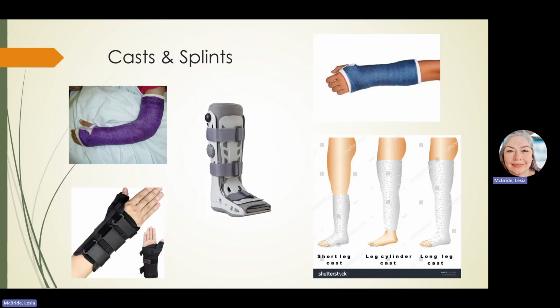Some of these patients will have casts. We have fiberglass casts, we have cast boots, we have splints, we have different types of immobilization devices. If this person is in a cast that's made of plaster, we have to take care that we're not digging our fingers into that wet plaster, because if you have a dent toward the skin, it's going to be on the inside too, rubbing on the skin, so we can have some skin breakdown.